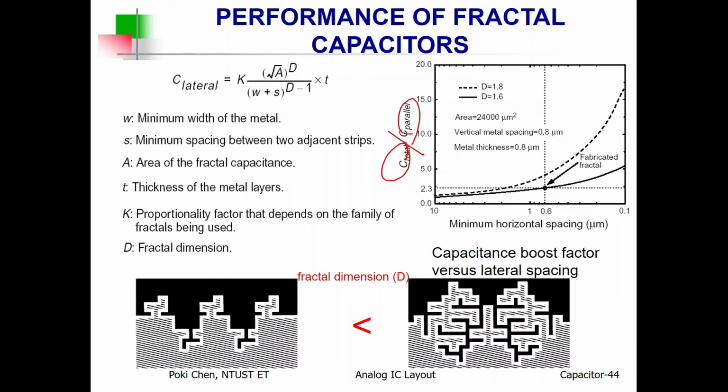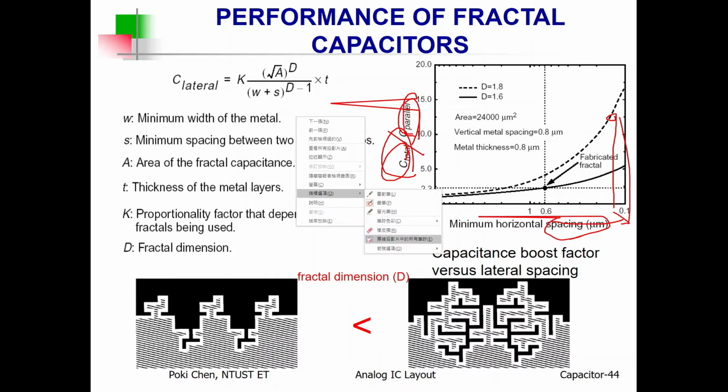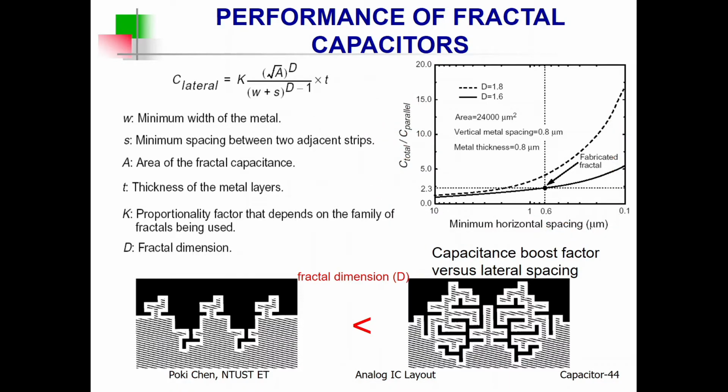For the same area, if you compare such a fractal capacitor to a parallel plate capacitor, you can see how much enhancement you can get according to the horizontal spacing. The smaller, the better. You can see the capacitance per area can be enhanced through the help of fractal geometry. More than 10 times enhancement can be achieved.